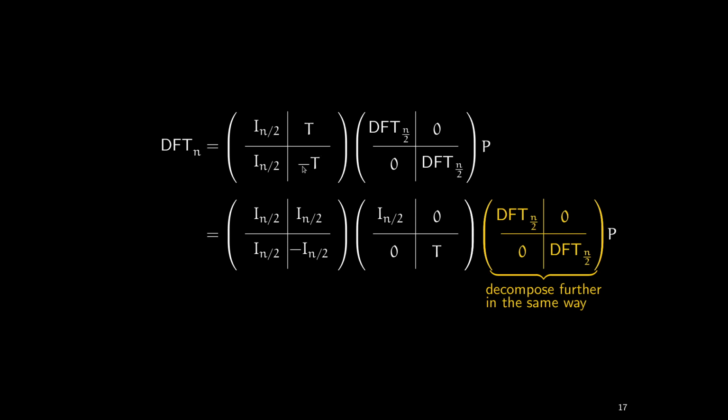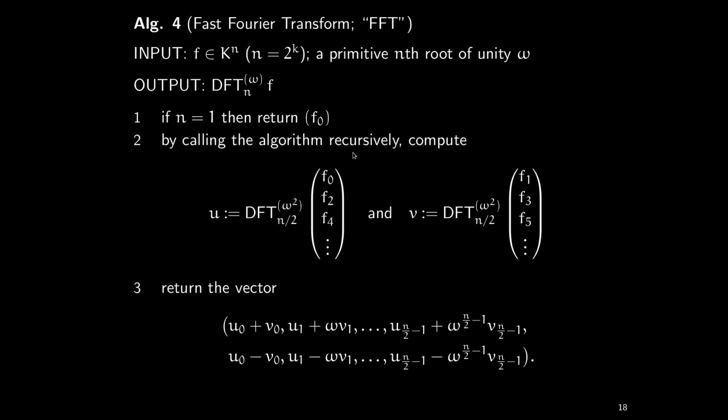But there I said before that this is just a linear combination. And here it's written down. So the vector has two parts. In the first half, you always take some entry, let's say here the first of the first vector, plus a certain power of omega times the corresponding entry of the second vector.